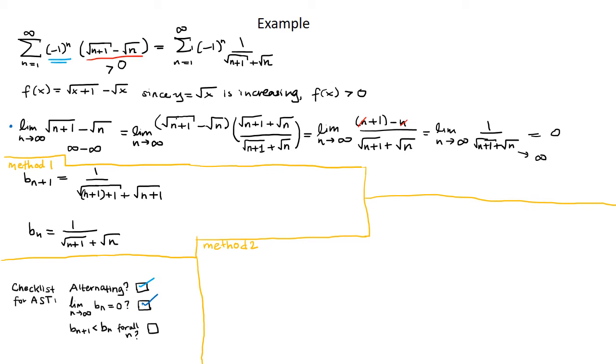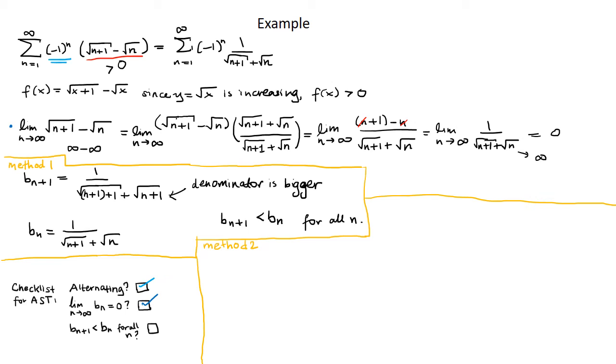Okay. We know that the terms in the denominator of bn plus 1 are bigger since the square root function is increasing. And they have the same numerator. Therefore, when we take the reciprocal, the expression bn plus 1 is going to be smaller than bn for all n.